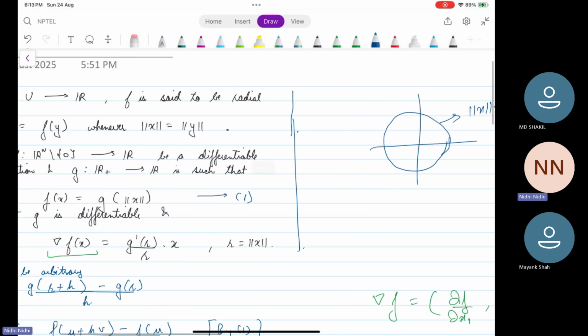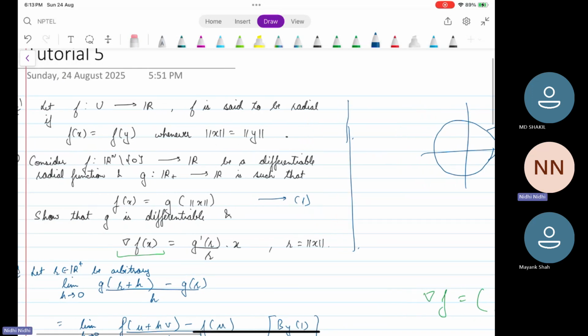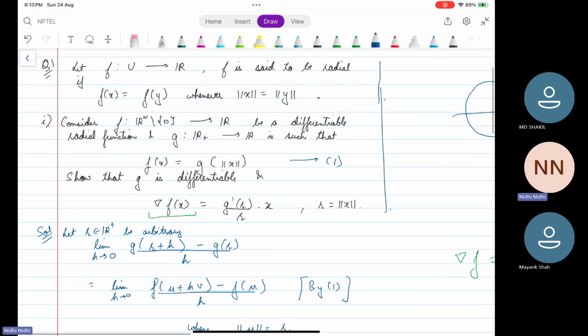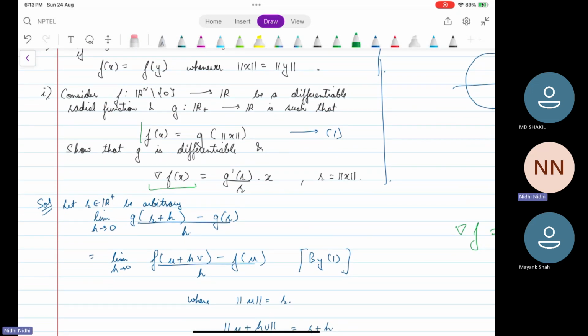So we define a new function g, whose domain is just R plus, in such a way that f of x is equal to g at norm x. Now norm x is a positive real number. So clearly we can find x such that norm x is equal to some alpha for any alpha in R. So yes, this g is well defined.